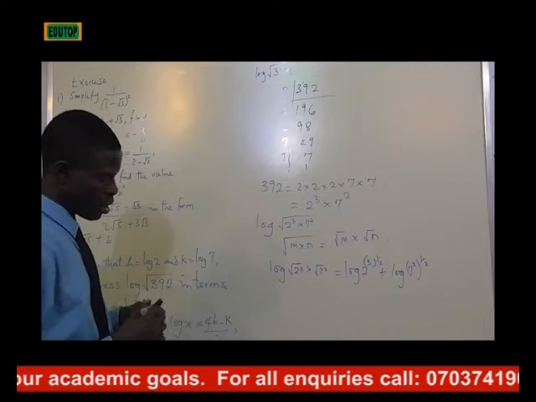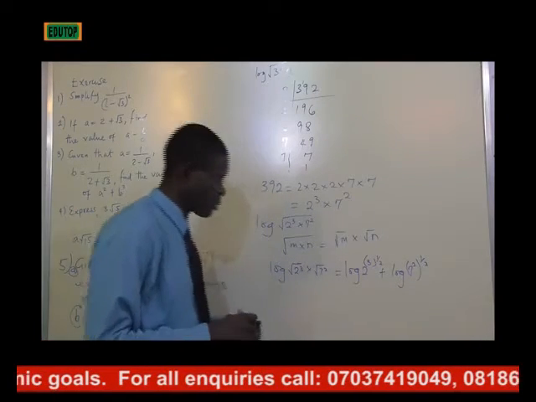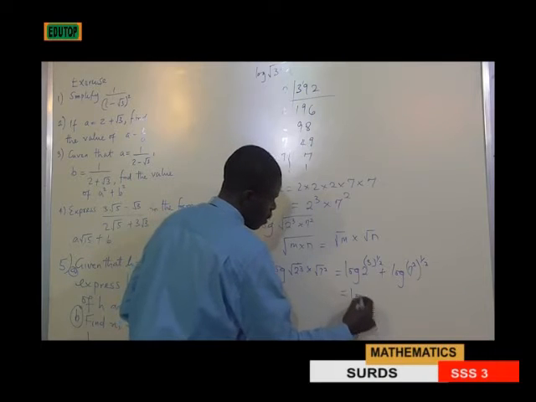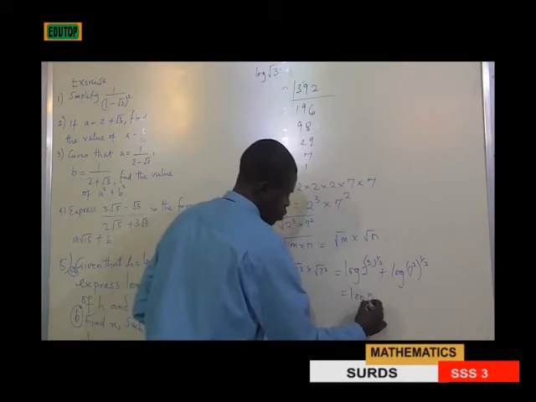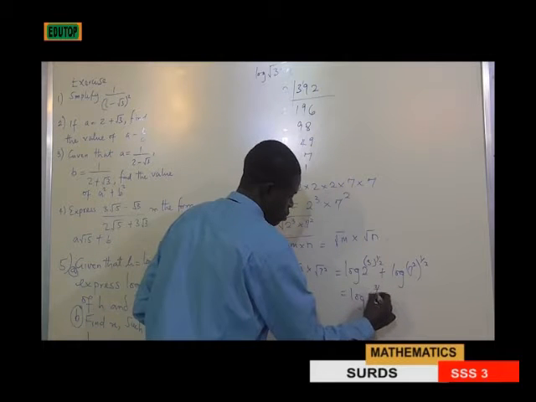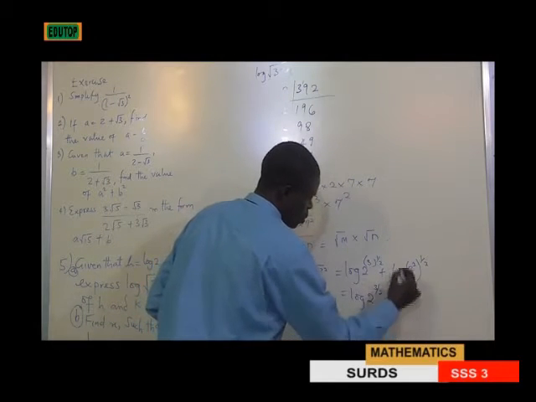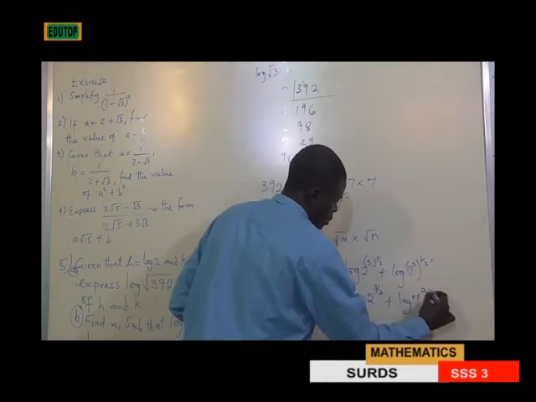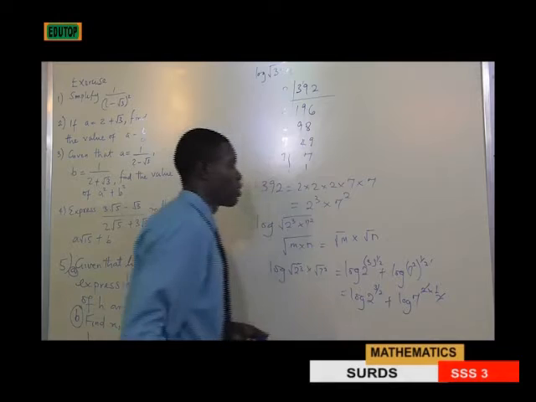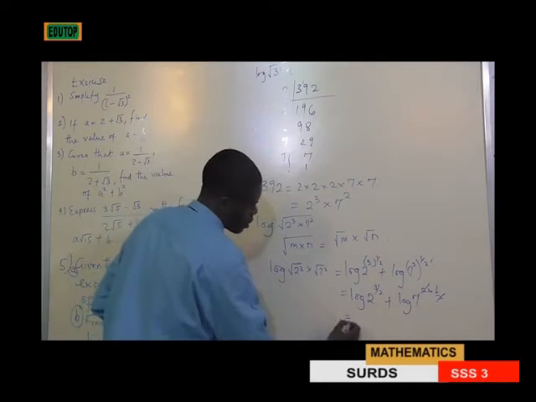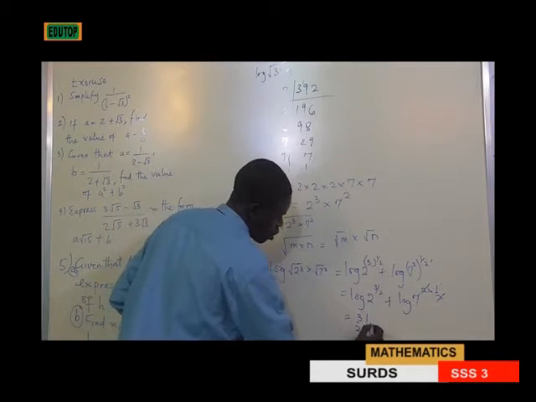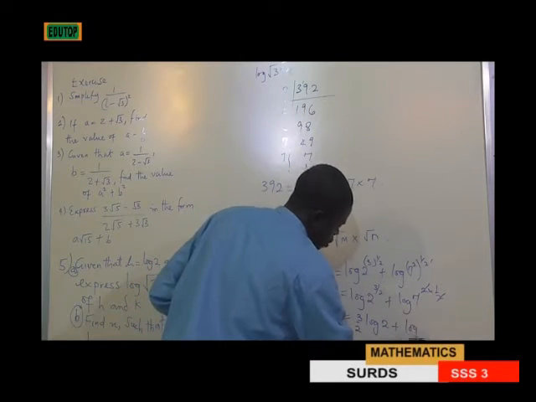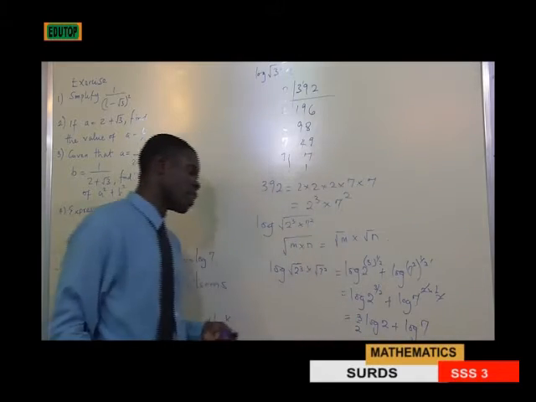That is the law of logarithm. So I can express this as log 2 raised to power 3 over 2, then plus log 7 raised to power 2 times half, and these two cancel. Then this can be expressed as 3 over 2 log 2 plus log 7, because 7 raised to power 1 is 7.